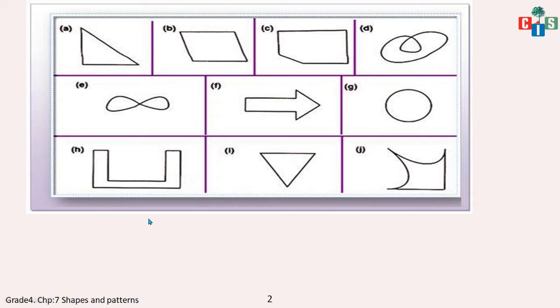In this figure you have figures A to J. The non-simple closed curves are E and D, wherein the lines are intersecting each other or overlapping.